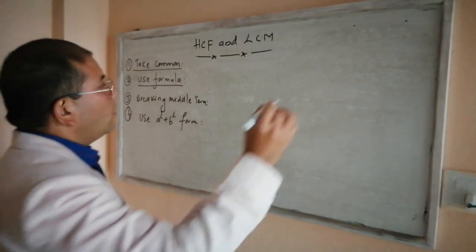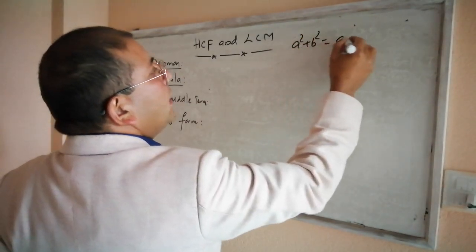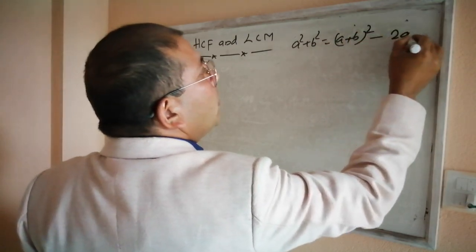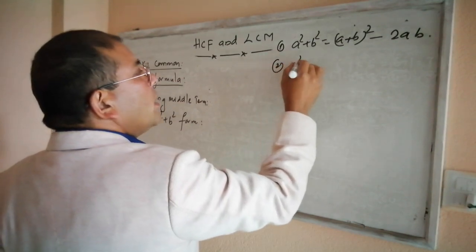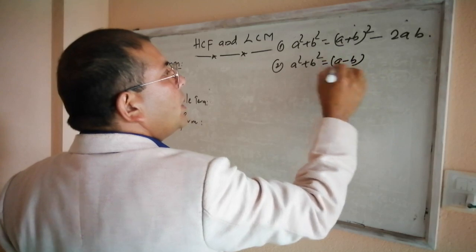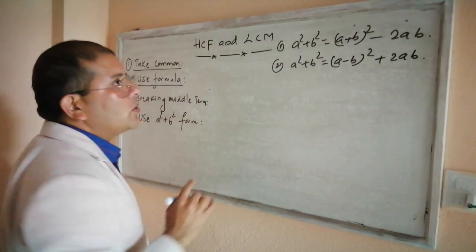The first formula is a square plus b square is a plus b whole square minus 2ab, or a square plus b square is a minus b whole square plus 2ab. So we have these two formulas.